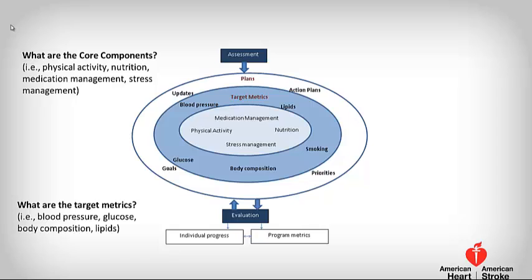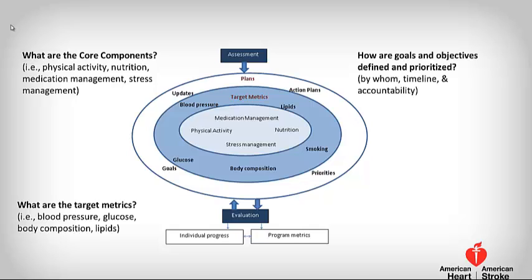These may be such things as blood pressure, glucose, body composition, and lipids. Finally, how are goals and objectives defined and prioritized? By whom? What is the timeline? And who is accountable for this? And then finally, how is this program evaluated? And this must include individual progress as well as overall program metrics themselves.